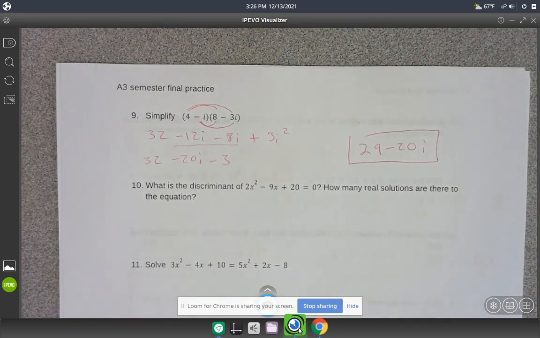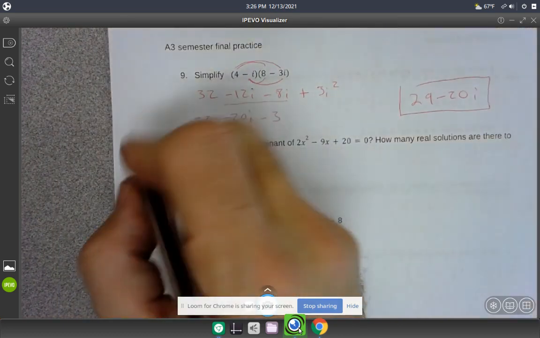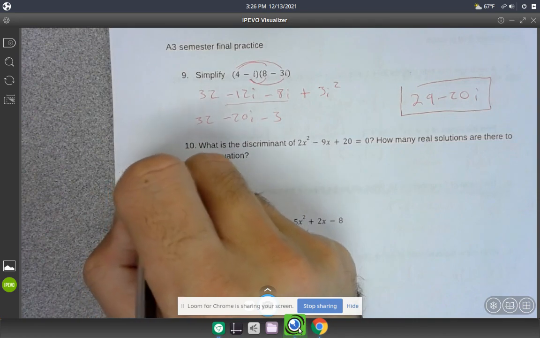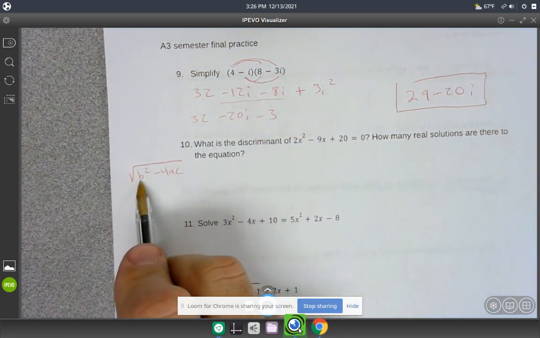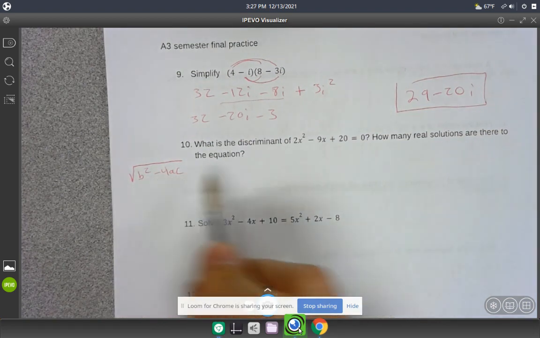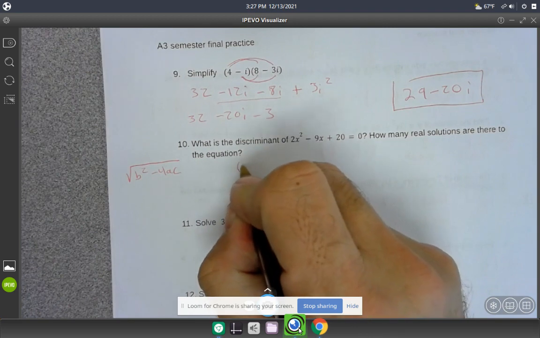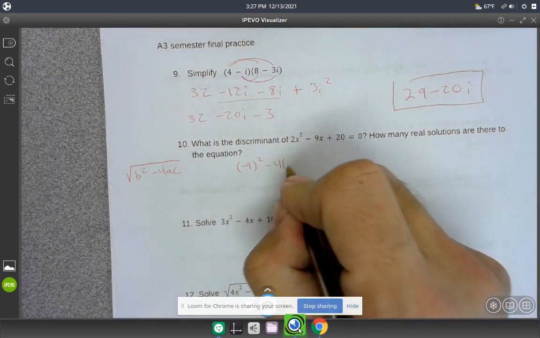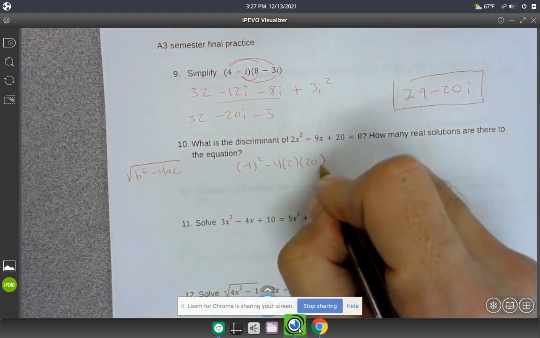All right, number 10. What is the discriminant? So the discriminant is that part that's under the square root of the quadratic formula. So I just have to do the b squared minus 4ac using these numbers. So b squared is going to be negative 9 squared minus 4 times 2 for a, and then 20.